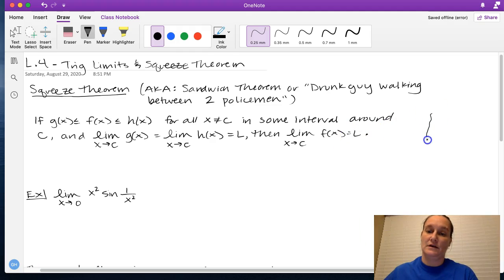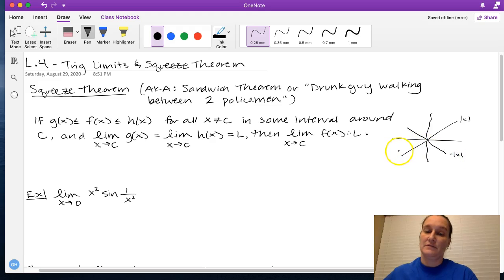How this is used a lot, and this explains the whole drunk guy walking, is that you have some sort of functions. I've seen absolute value used a lot, absolute value and negative absolute value. A V and an upside down V. This would be absolute value, this would be negative absolute value.